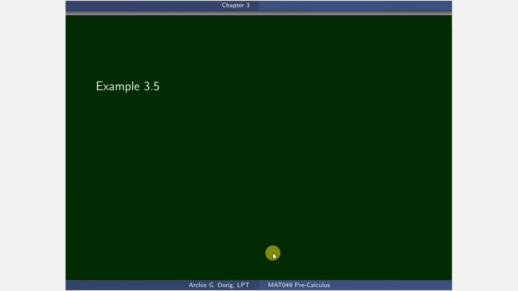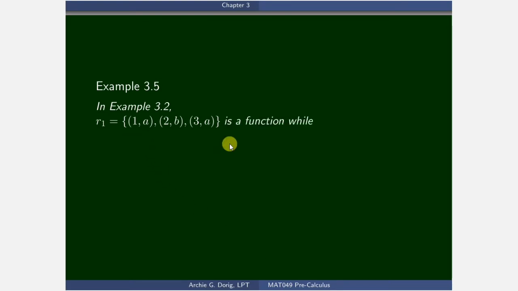Example 3.5. In previous example 3.2, we have the relation R sub 1, and it is a function because, according to the definition of function, all elements in A must be paired with exactly one element, and we have here all the elements of A, which are 1, 2, and 3.